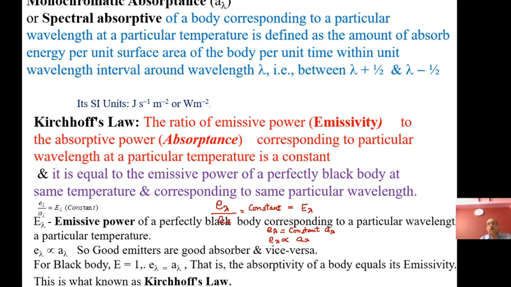Similarly, vice versa, A lambda will be proportional to E lambda. And for a perfectly black body, the emissive power will be 100%, that is 1. At that condition, E lambda will be equal to A lambda. This is known as Kirchhoff's law.